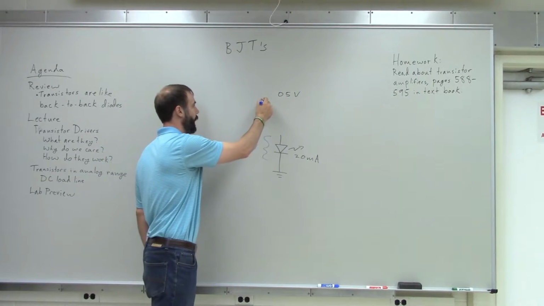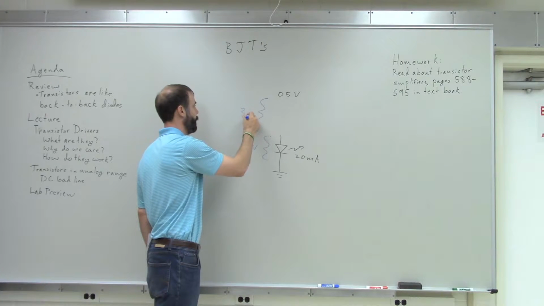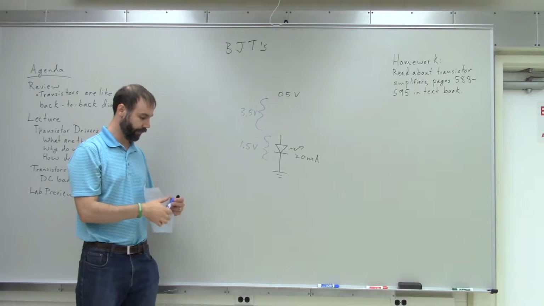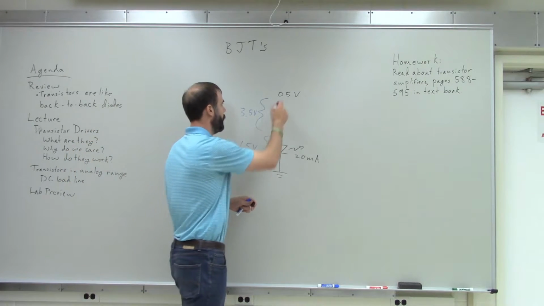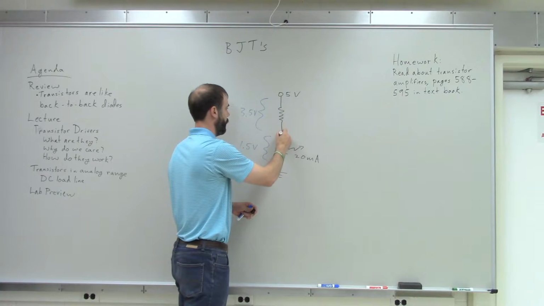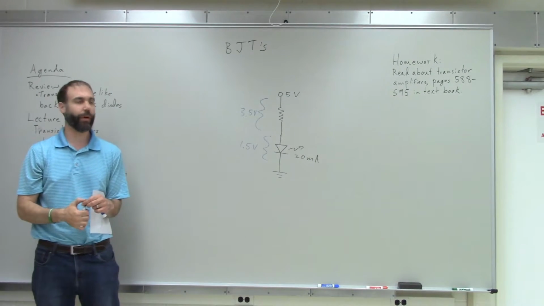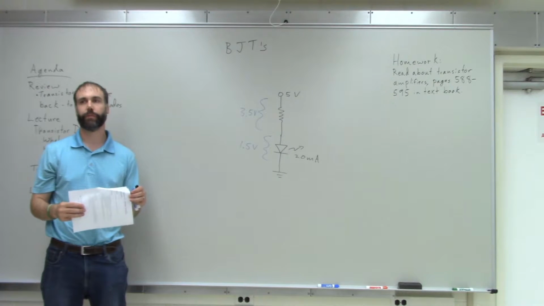So that means that we have about 3.5 volts left over, right? So we need to choose a resistor here that will have 20 milliamps flowing through it when we have 3.5 volts across it, right?